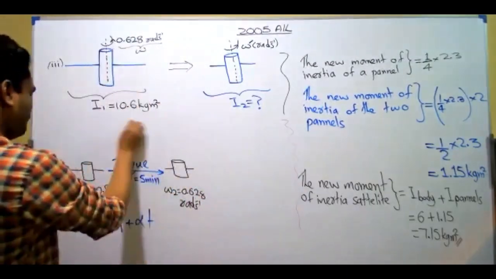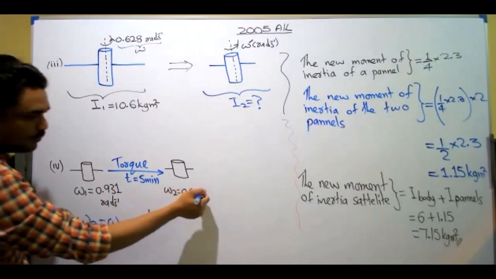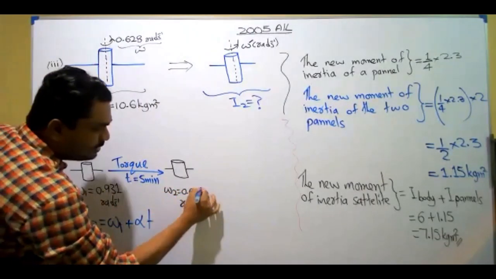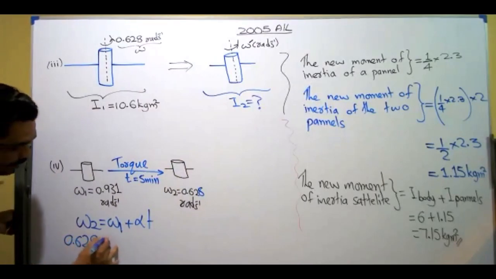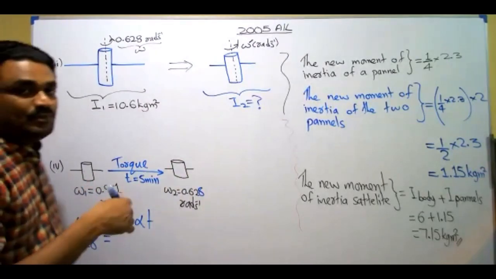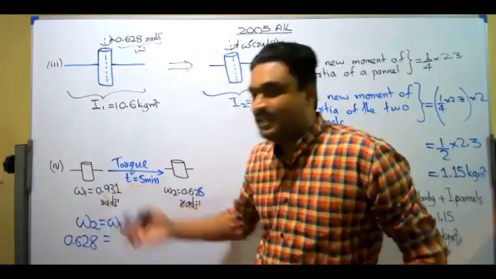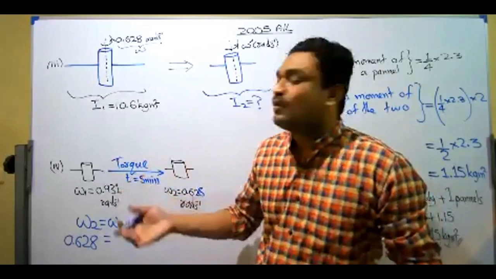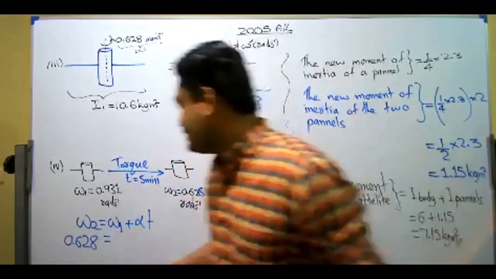Let me check. Omega 2 is 0.628. Omega 1 at the beginning, before we apply the torque, velocity is 0.931. After we have applied the torque for a period of 5 minutes, the angular velocity is 0.628.